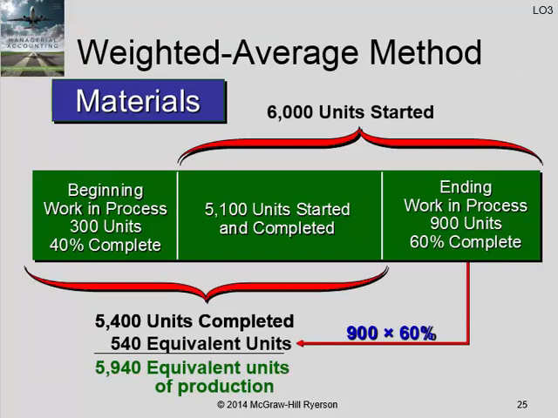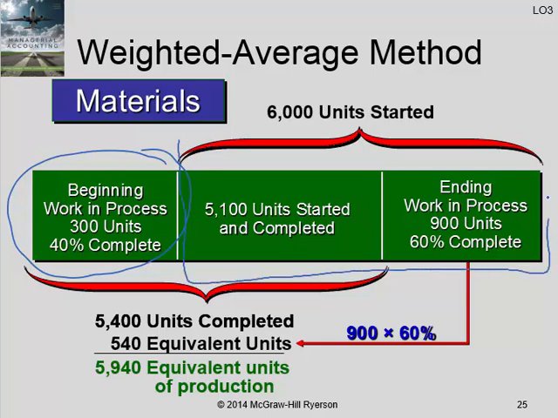Now, this may help you if you're kind of more of a visual type person to get a grip on the different components that we're looking at. So if we look at how things work initially on that first piece of the production report, when we're looking at the physical units here, we start the month with beginning work in process, right? And then we're told how many additional units are begun or started in the month.